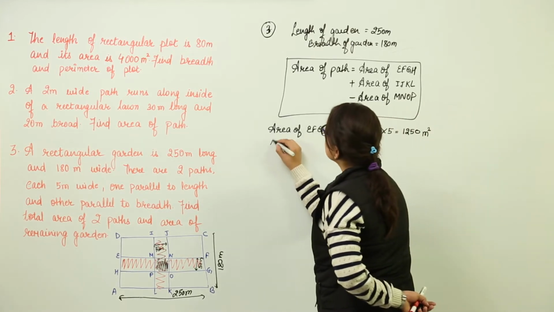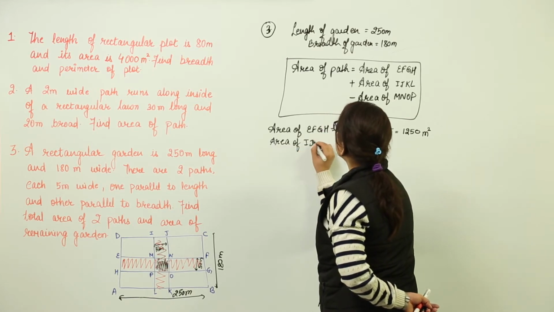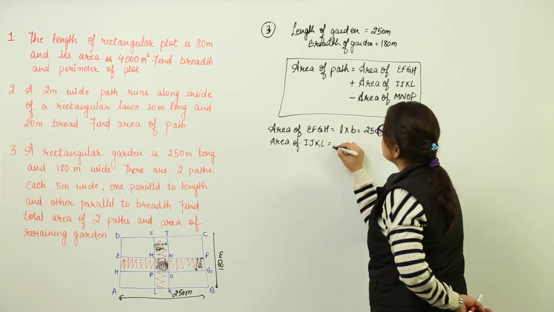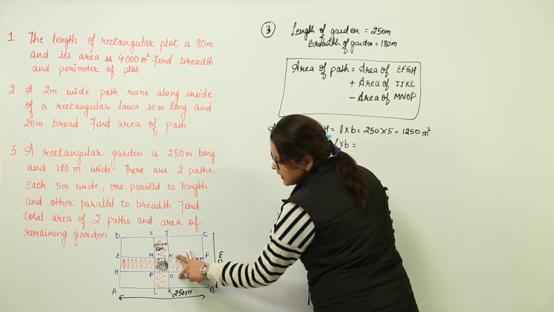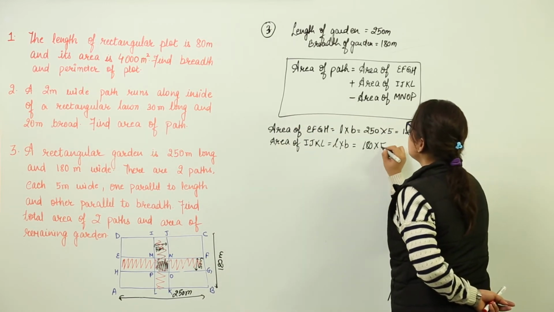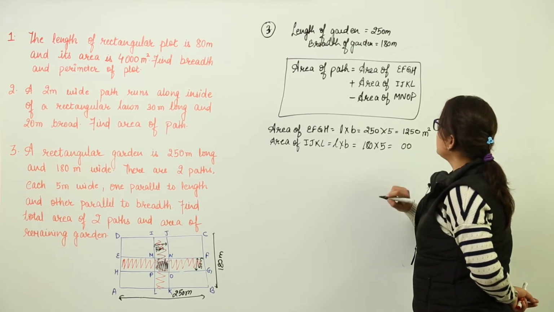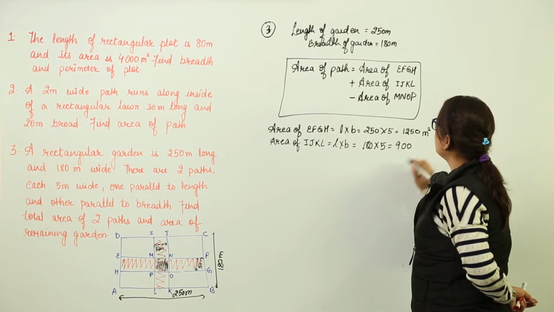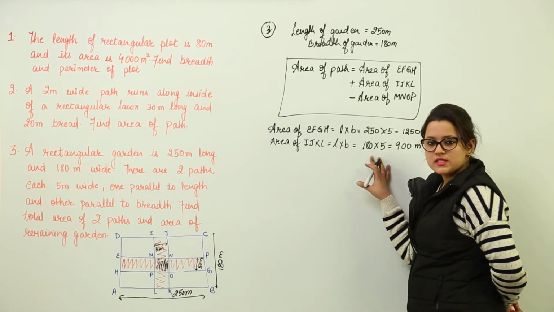Next we are going to find the area of IJKL. The same way we are going to multiply its length and breadth. The length for IJKL would remain 180 and the breadth in the same way is going to be 5, which will give us 900 meters square as the area of IJKL.